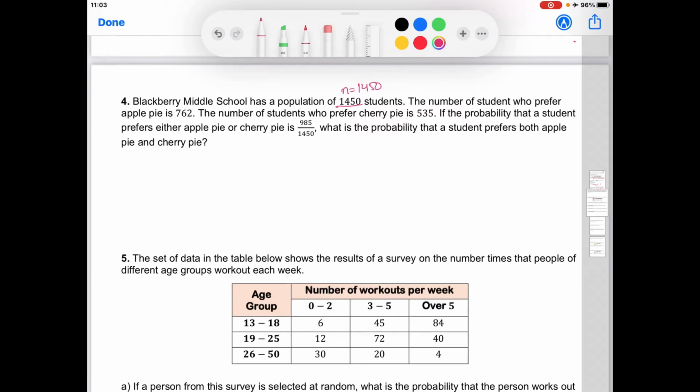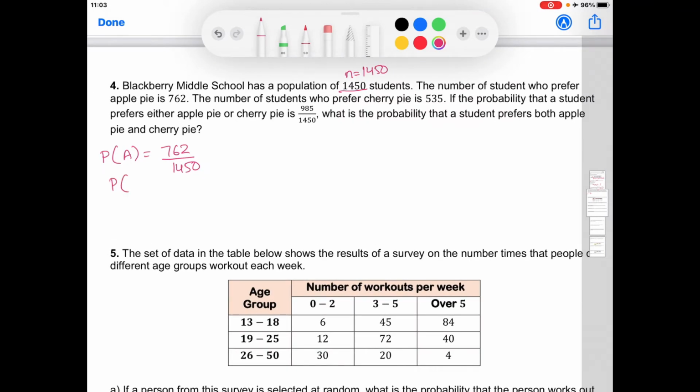But if I asked you, what's the probability of students that like apple pie? So probability of apple pie would be 762 out of the total, which is 1450. Remember, your probability is a number between 0 and 1 or 0 and 100%. The number of students who prefer a cherry pie, so probability of a cherry pie would be what?